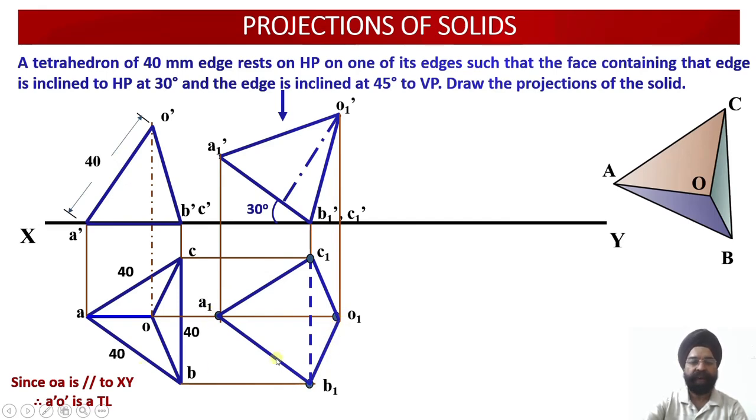Similarly A1 B1 is falling in the boundary, so this has to be drawn dark. Similarly the final edge C1 A1 is also falling in the boundary. So since these 4 edges, even though they originate from B1 and C1, are part of the boundary of the object, any edge which gives you the boundary of the object can never be dotted. So only one edge is left out, which is this B1 C1, which is quite obvious.